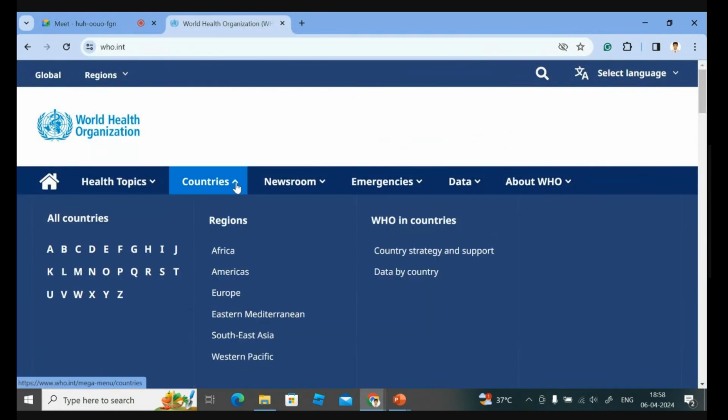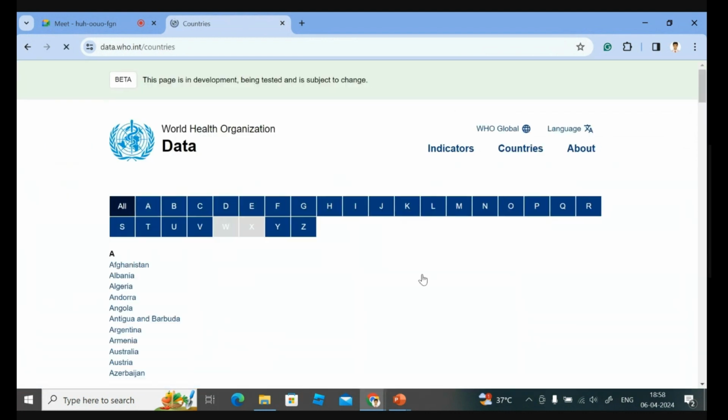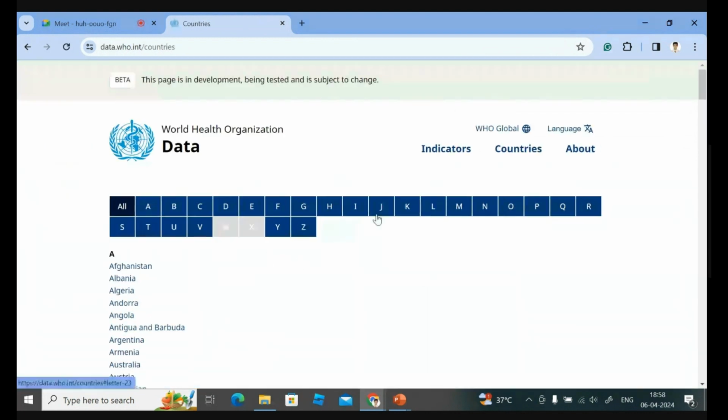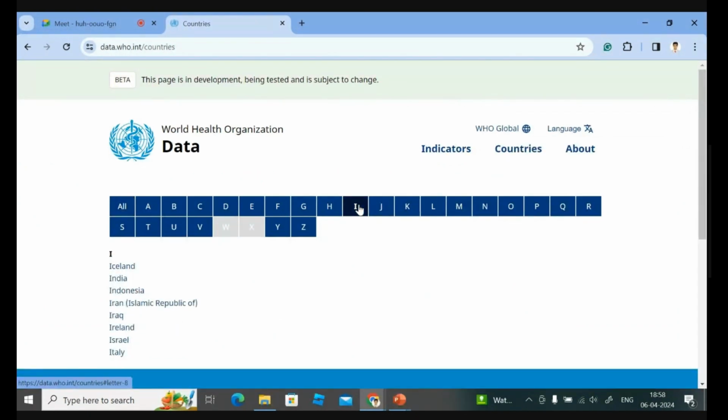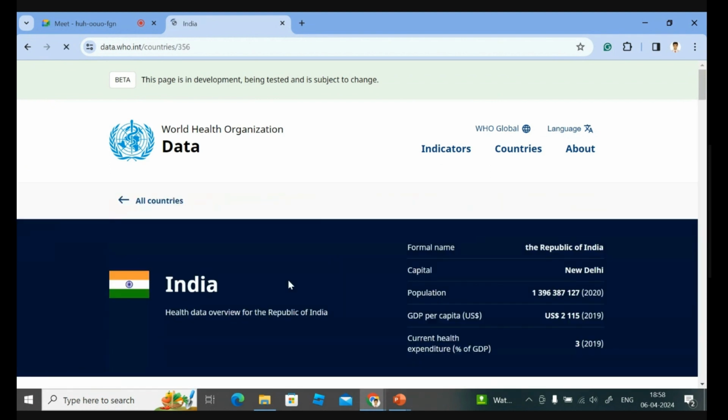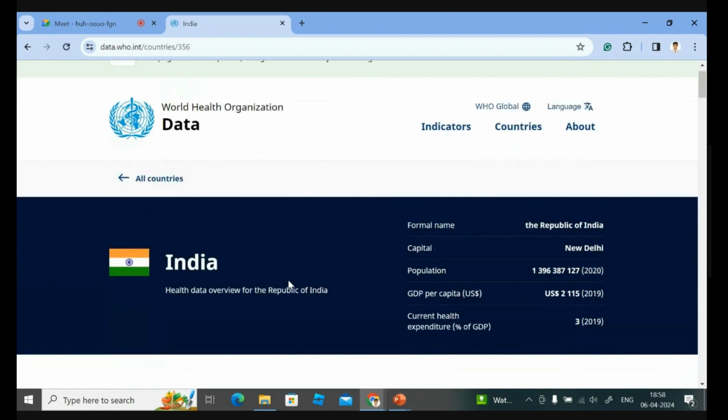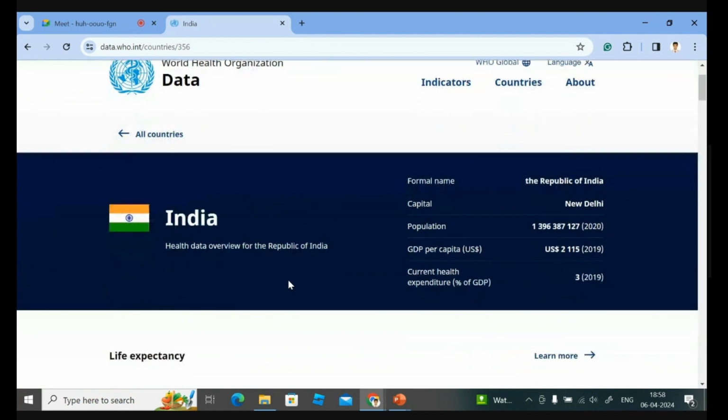I want you to click that and go to data by country. India is here. How is WHO able to maintain this data? How are they generating the data? Any idea?